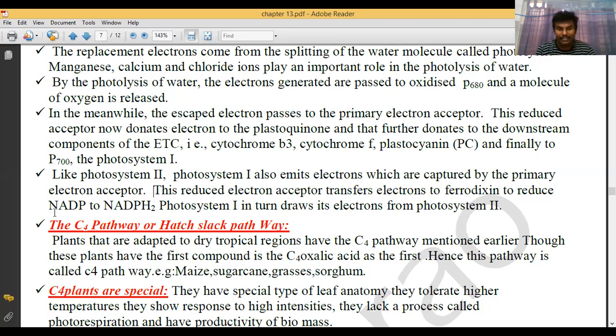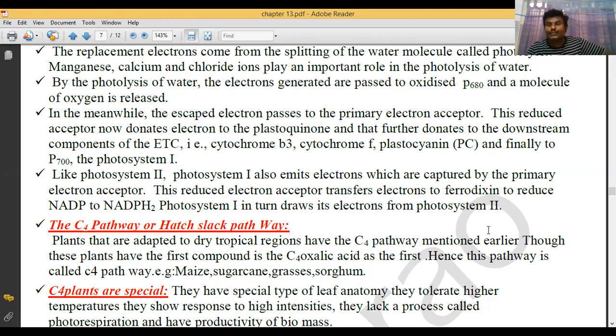So when electrons go to NADP, photosystem 1 is ready to take the next ones. This entire process occurs in the grana of the thylakoids of the chloroplast. So this entire phenomenon is called the electron transport chain.